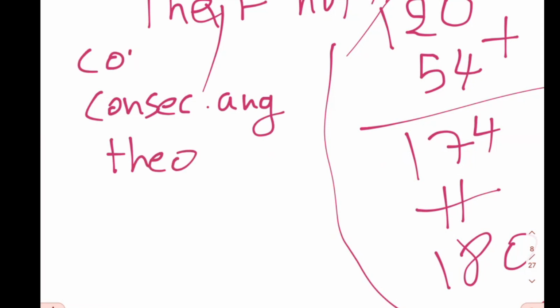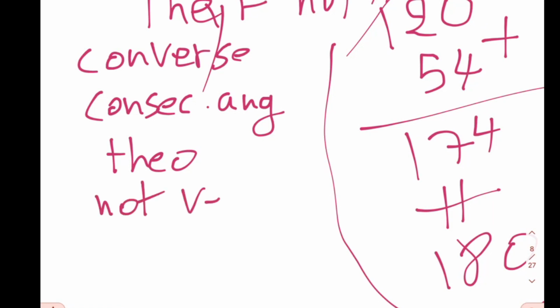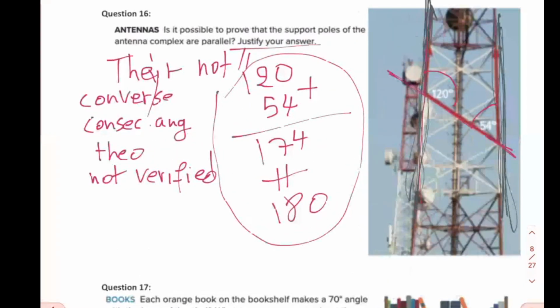Make sure you talk about converse because you want to prove parallel or not parallel. Converse consecutive angles theorem not verified. That's it. This is how you prove this.